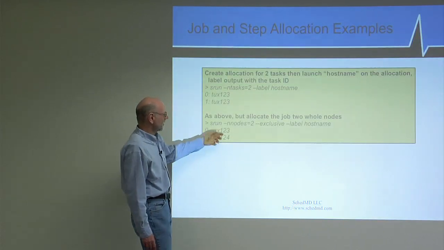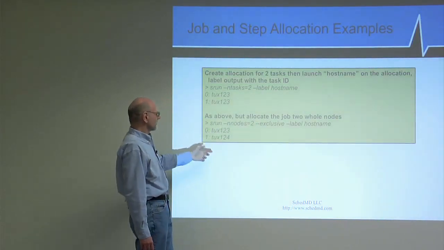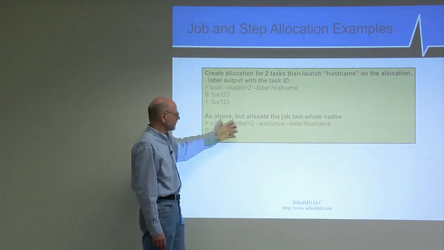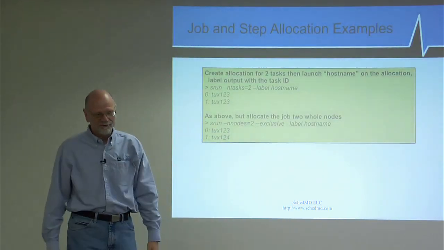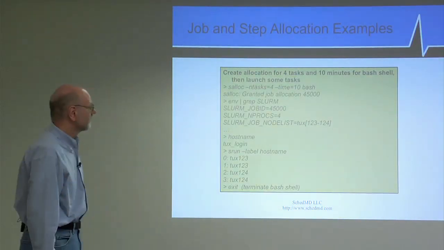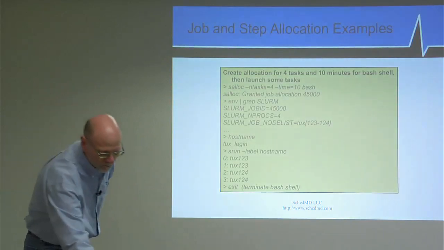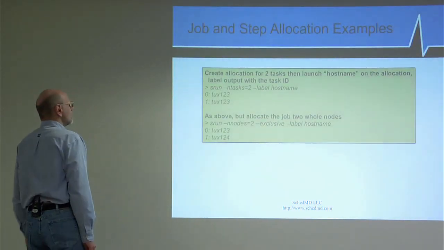Here's another option where you specify a number of nodes with exclusive, so there's nobody else that runs on them, and you see your output from 2 different nodes. Very simple examples. In the first one, you told it to run 2, but because you didn't say exclusive, it chose one node to do it.